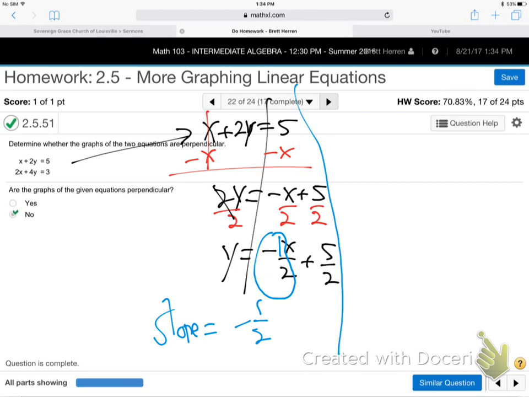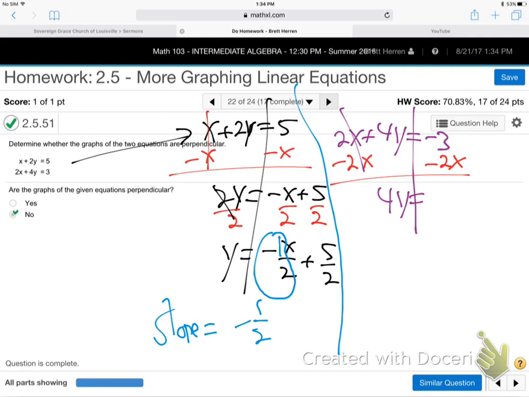For the second one, it's 2x plus 4y is negative 3. I've got to get y alone, so subtract 2x from both sides. These are gone. 4y is minus 2x minus 3. Divide through by 4, and what do we get?